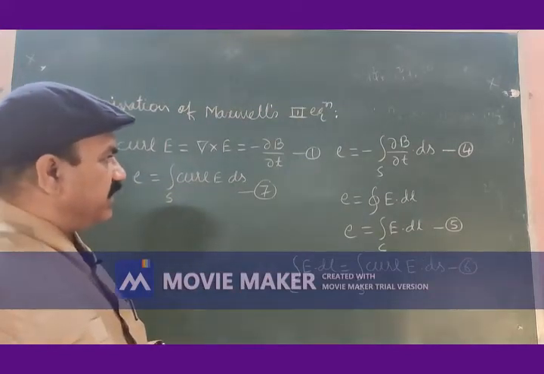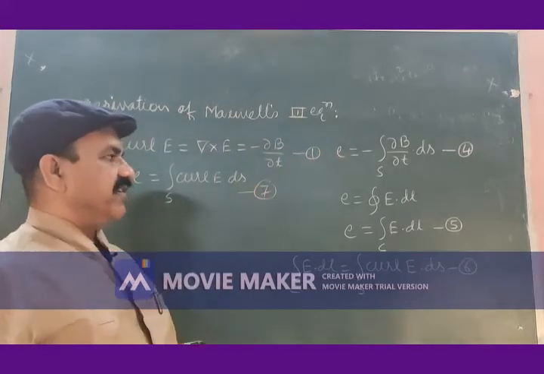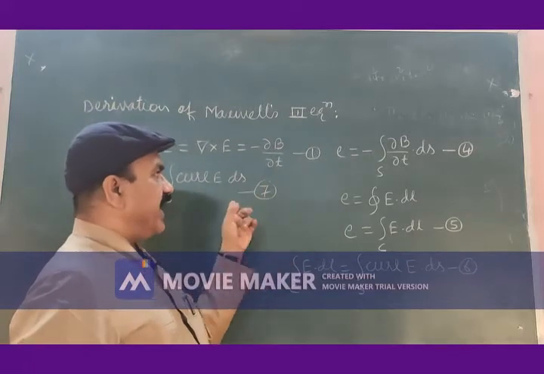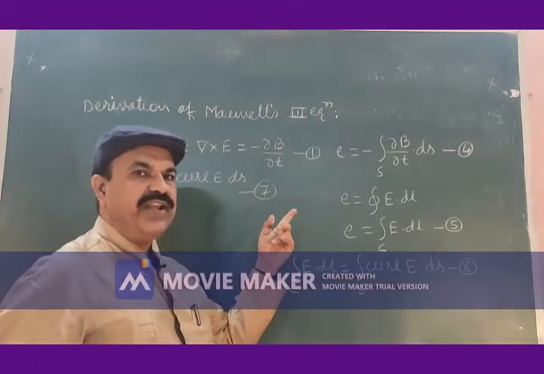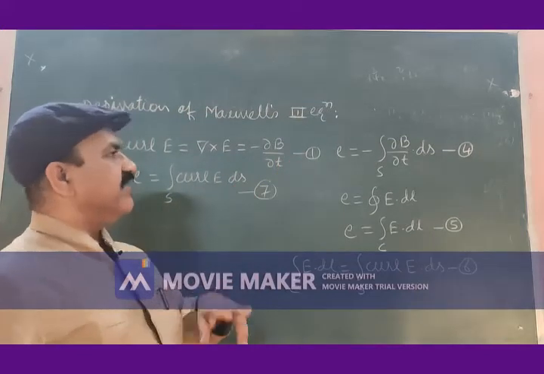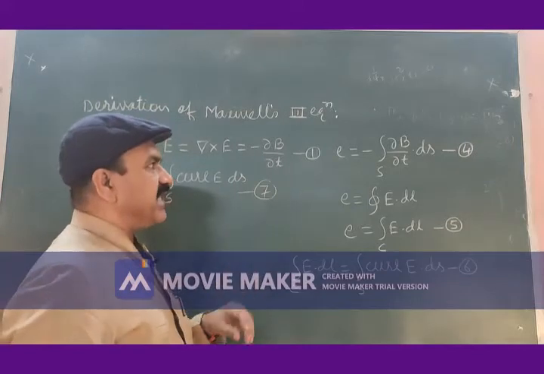Let us compare equations 4 and 7. What we find in 4 and 7 is that the LHS of equations 4 and 7 are same, and therefore their RHS should be same.